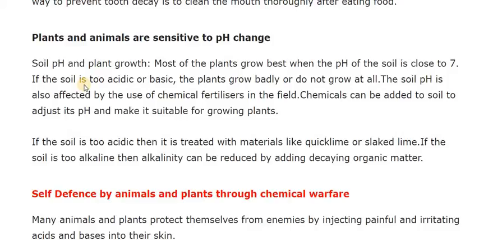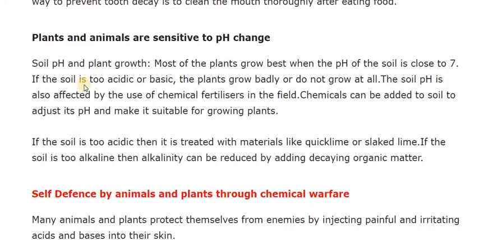The soil pH is also affected by the use of chemical fertilizers in the field. So chemicals can be added to the soil to adjust the pH and make it suitable for the plant. How? Suppose the soil is becoming more acidic, then we have to use a basic fertilizer in the soil.